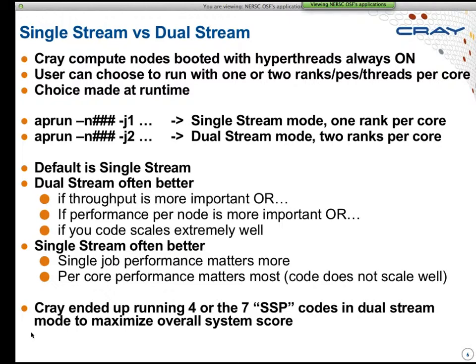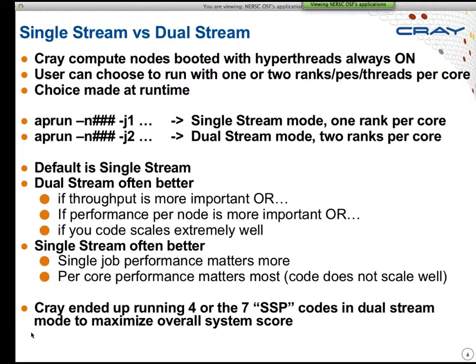-j2 is the dual stream, and you can put -j2 on there. Then it's going to say, now I am going to use those hyperthreads, those virtual CPUs on the physical core, and load up the processes that way. But that will only work correctly if you have that mppnppn in your PBS.